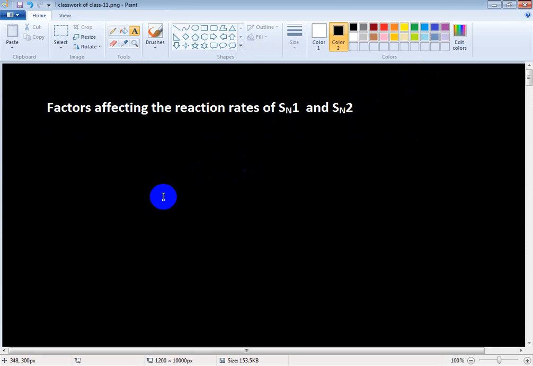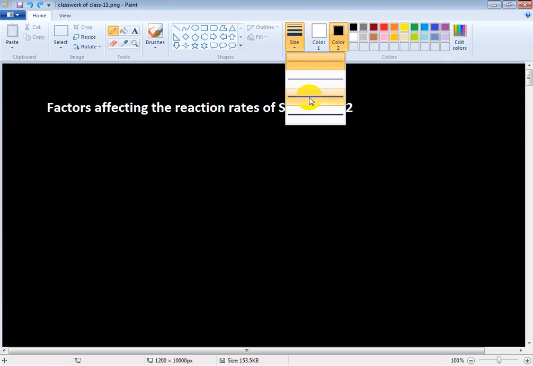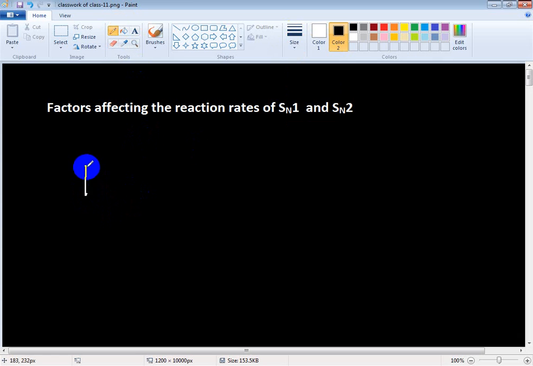Okay, at first is formation of reagent. What is this?